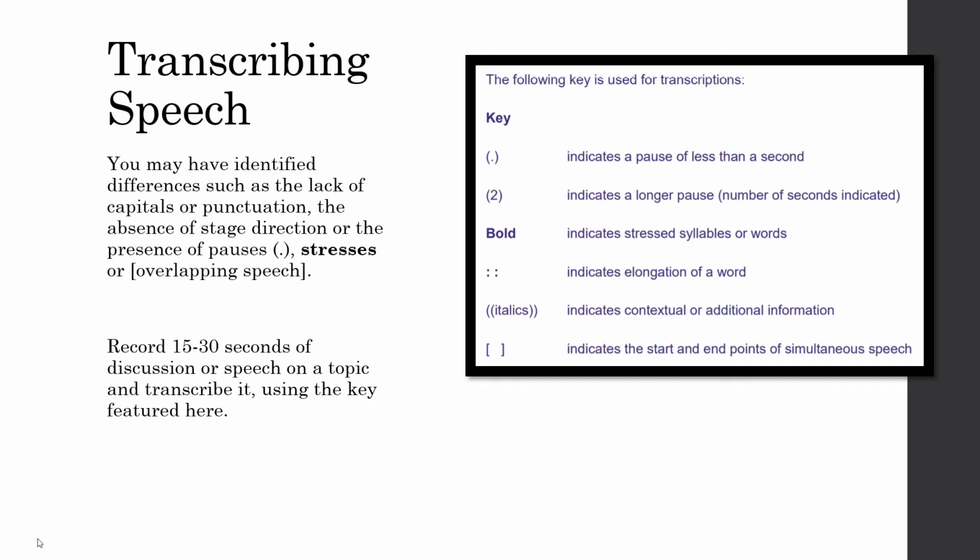There are no capitals, there is no punctuation in the spoken transcripts. Instead we have pauses specified, what we can call a micropause, which is a full stop in brackets, stresses and overlapping speech, elongation, ways in a transcript of representing features of spoken language that can only be heard.